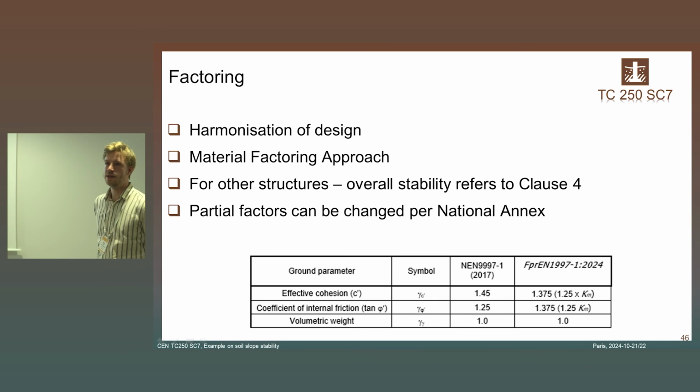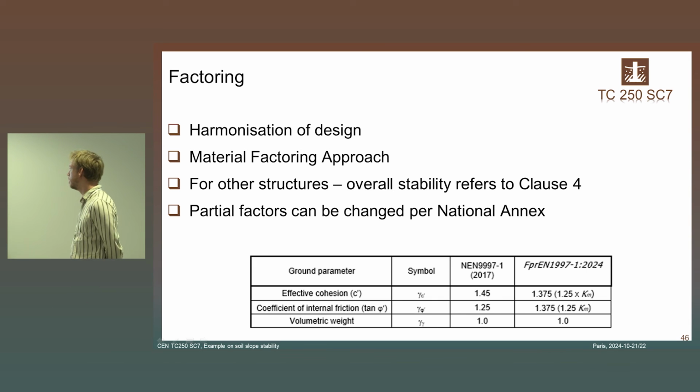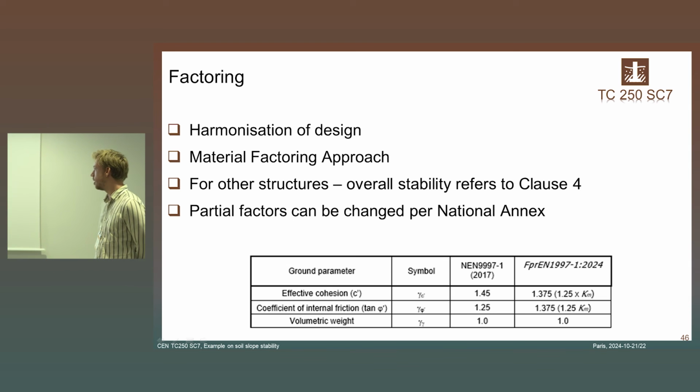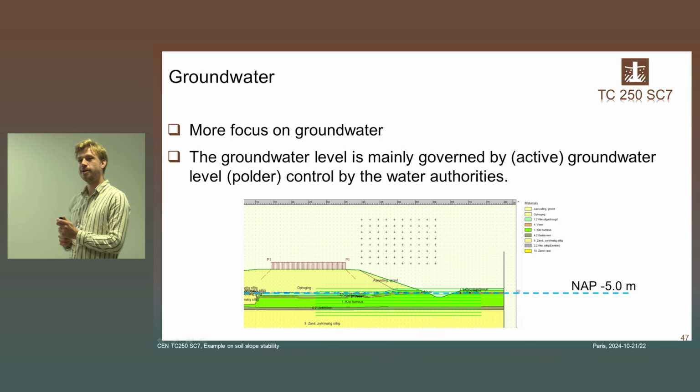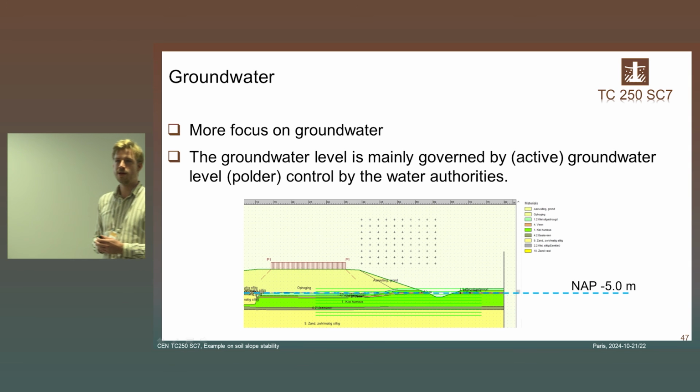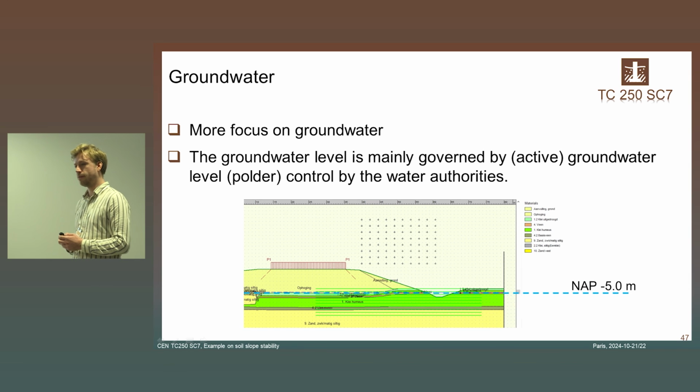So I compared it with the Dutch practice, the NEN 9997 part 1, and with the partial factors for the second generation. I will come to the results later. Also, in the second generation, there's more focus on the groundwater, which of course is an important aspect for slope stability, as it directly affects the effective strength parameters.